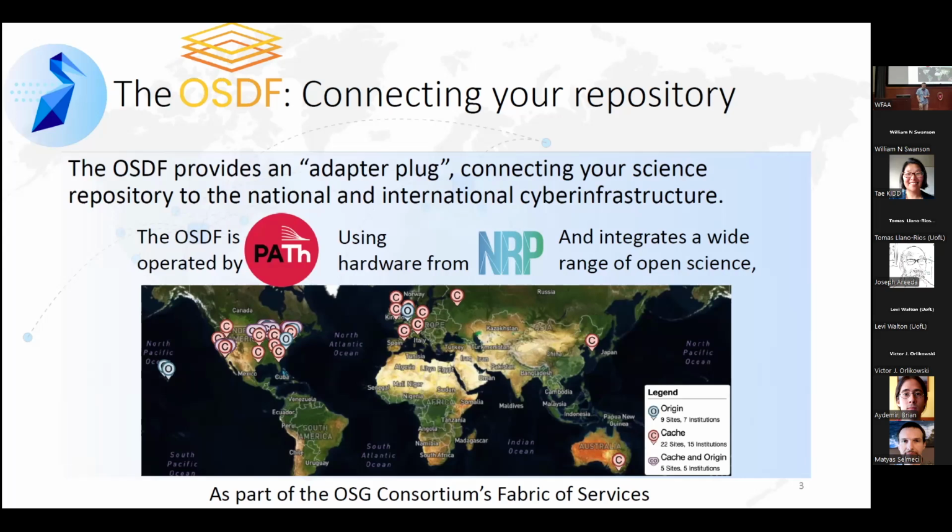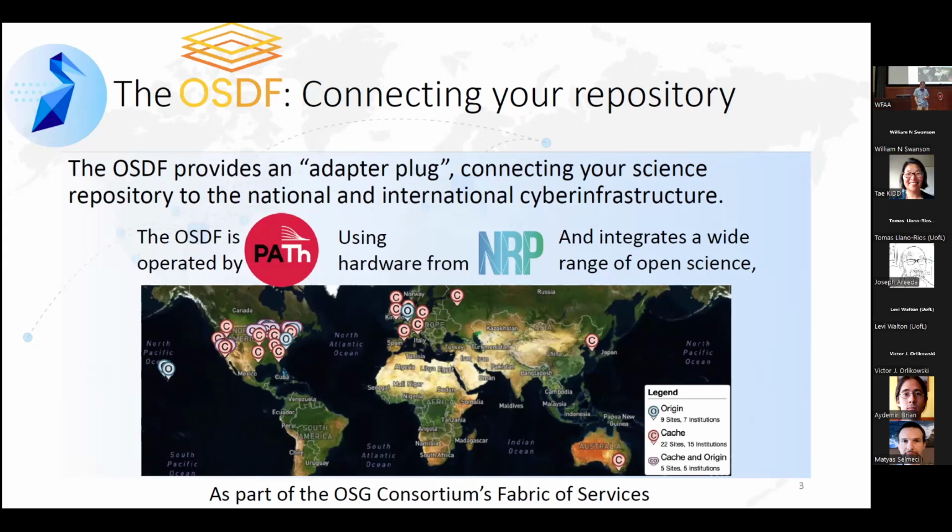In order to have that effective data delivery, we need various pieces of hardware that we've largely located within caches around both the nation and internationally. A lot of that hardware is from the NRP project. There are processes that are running that take in requests and spit out bytes, and somebody needs to monitor, care for, and feed those things to keep them going.